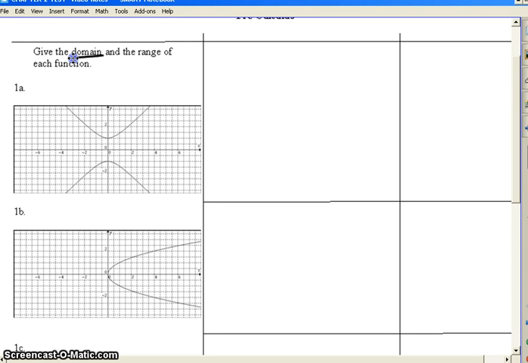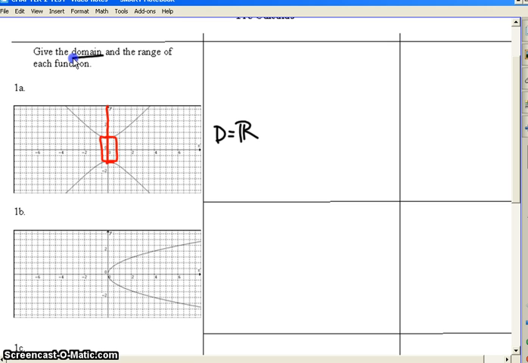So the domain is all real numbers. The range is along the y-axis, and you can trace all the numbers along the y-axis back to the graph until you get to this section right in here. So those are the numbers that will not be part of the range.